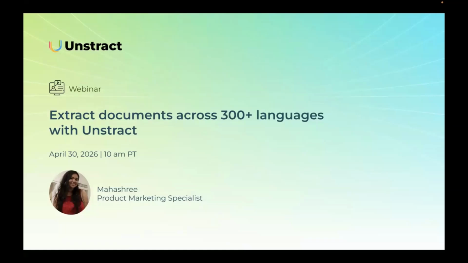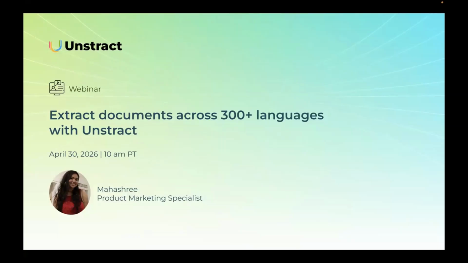So if your business deals with global operations or very region specific processes, then there are high chances that you receive multilingual documents. In fact, there are hundreds of languages in which businesses commonly receive documents, but the problem is that your OCR systems are typically designed only to process documents of one specific language. So that is the gap that we're here to solve.